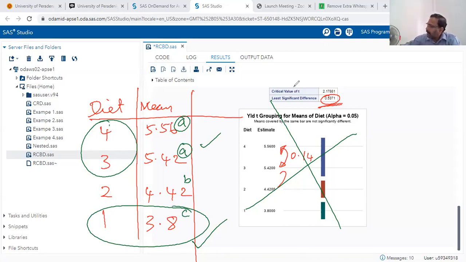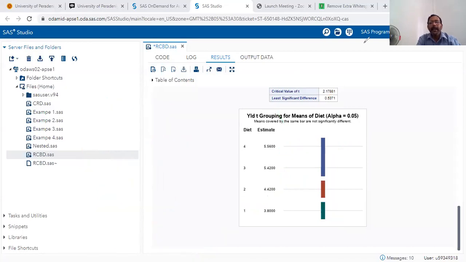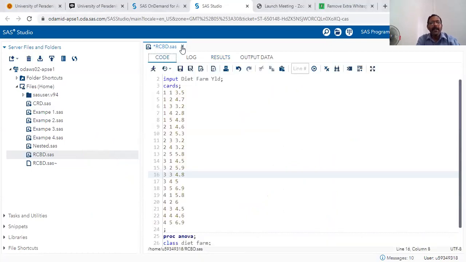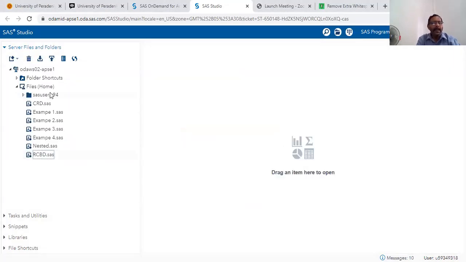Any questions? I'm not going to talk much more about mean separation. I will show you one more thing. Again, I'm going back, not to this data, but to the CRD, for example.